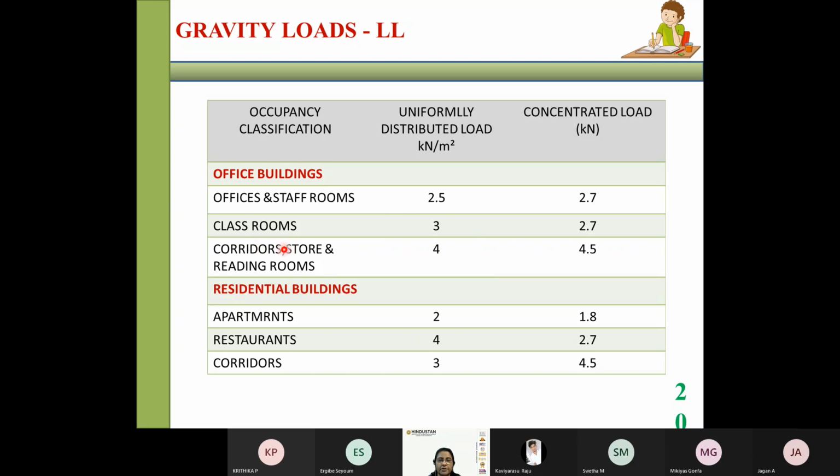Can you tell me why in the corridor it is 4? Why is it increasing? In a corridor you don't have anything, but why is it taken as 4? What will be the reason? The live load is a little higher. Tell me. Pratika?